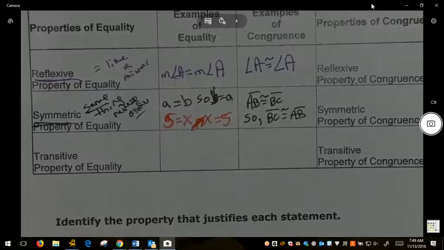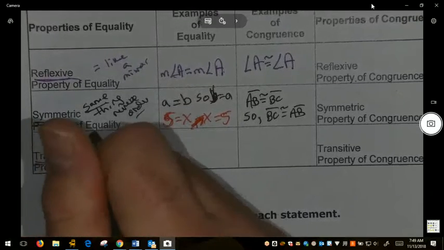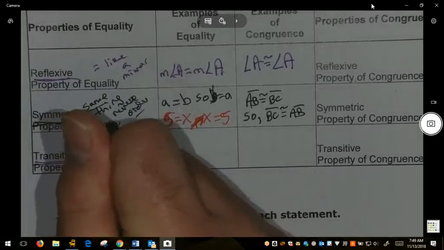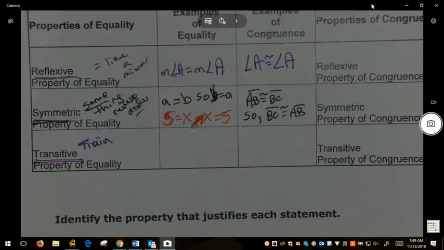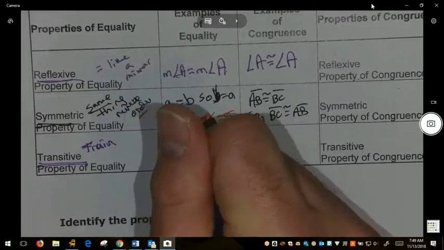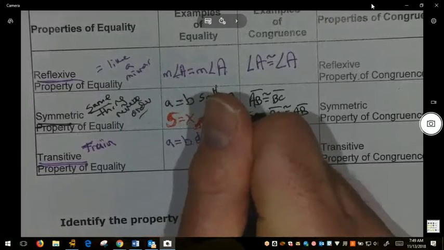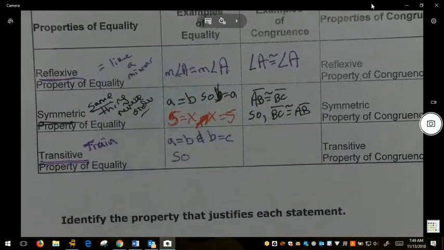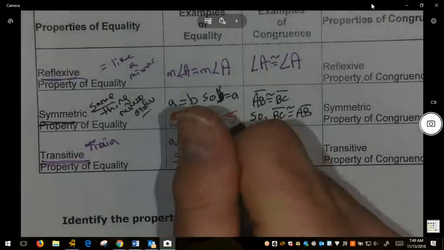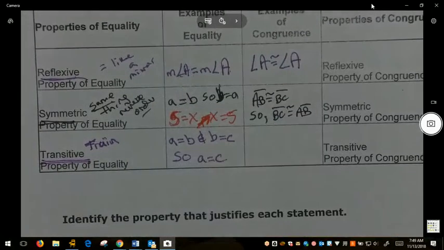Transitive property is a lot like the law of syllogism, but I say it is like a train. You have an engine, you have a connecting car, and you have a caboose. So we have the statement like A equals B and B equals C. So A equals C, just like the law of syllogism, right?